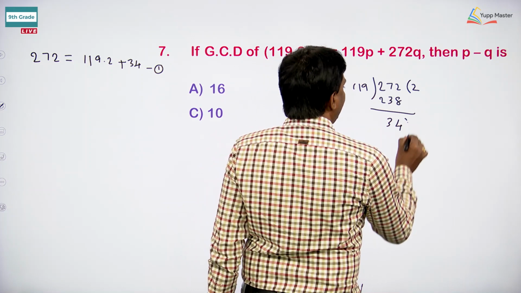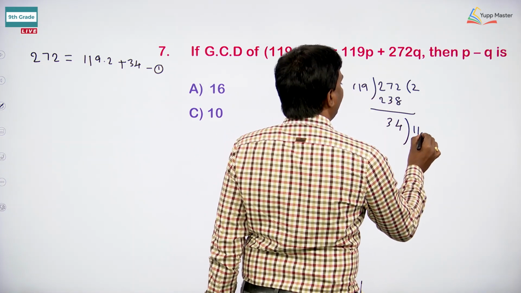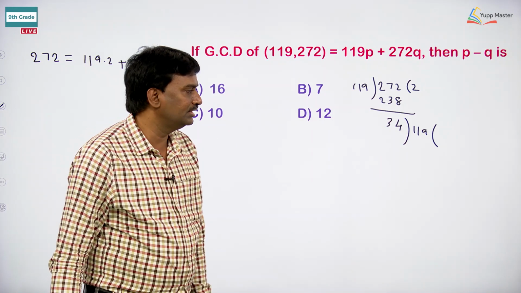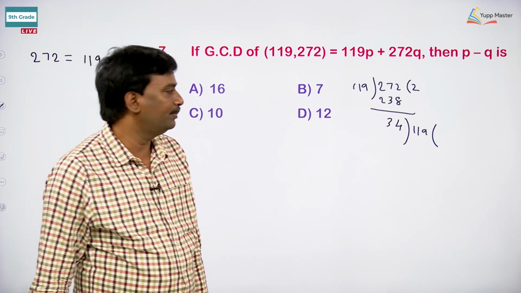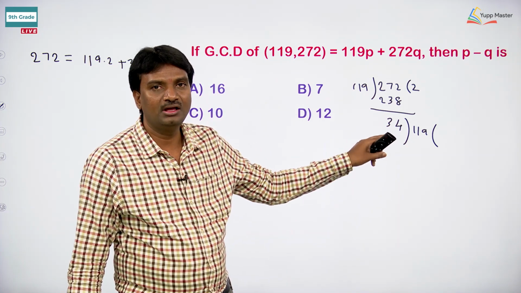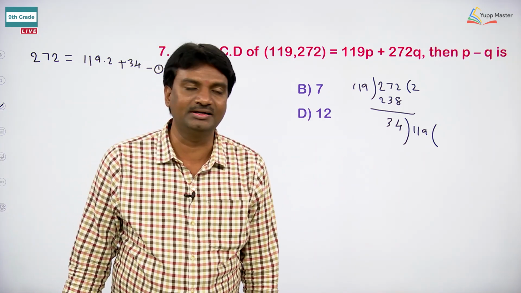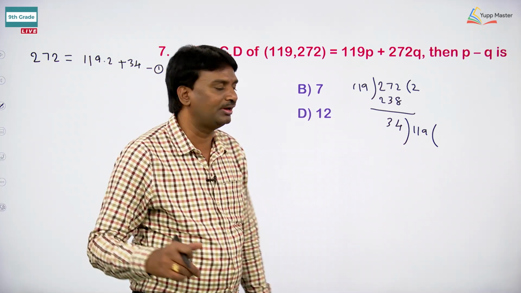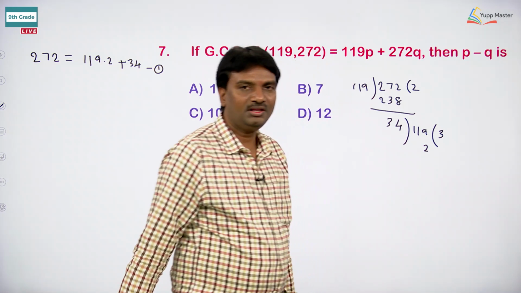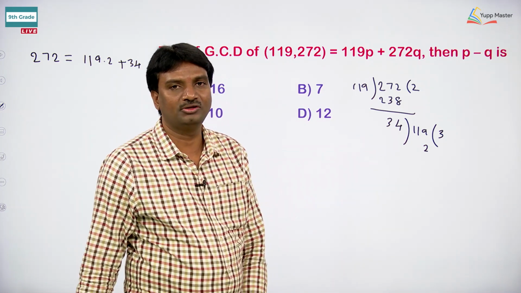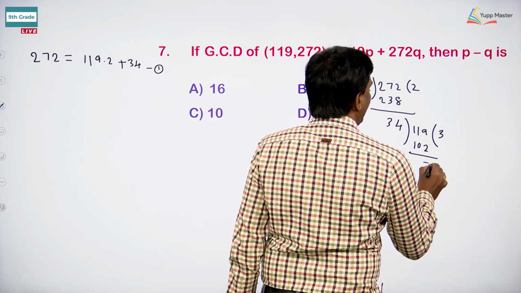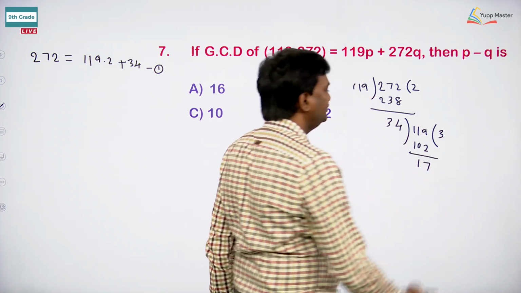Again, divide the divisor 119 by the remainder 34. If you take 4 times, 4 fours are 16, 4 threes are 12 plus 1 is 13, that gives 136, but we have 119. So let us take 3 times. 34 into 3 is 102, and 119 minus 102 is 17.